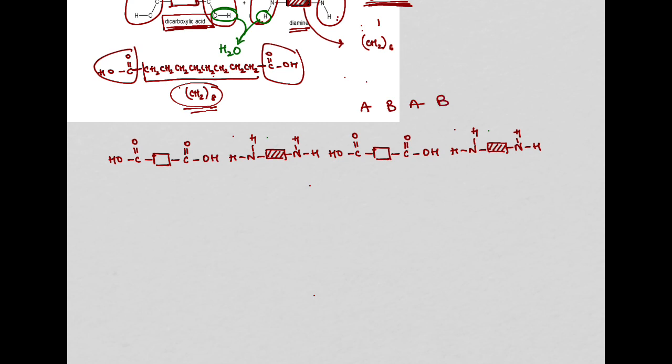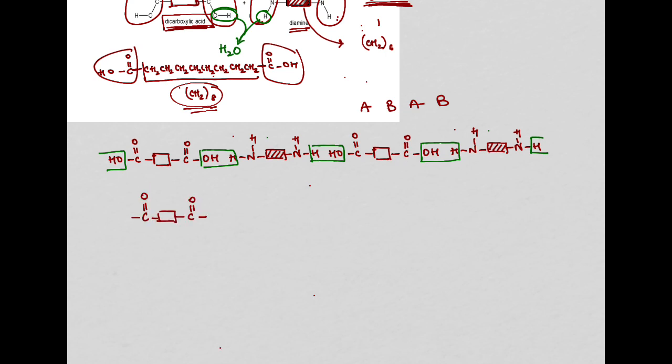And I'm going to have H2O leaving here, here H2O leaving, and here as well. This will also leave with the next dicarboxylic acid, which I cannot show. And here, this OH would leave with the adjacent diamine, which I cannot show again because I don't have enough space. So I have shown 2 dicarboxylic acids and 2 diamines.